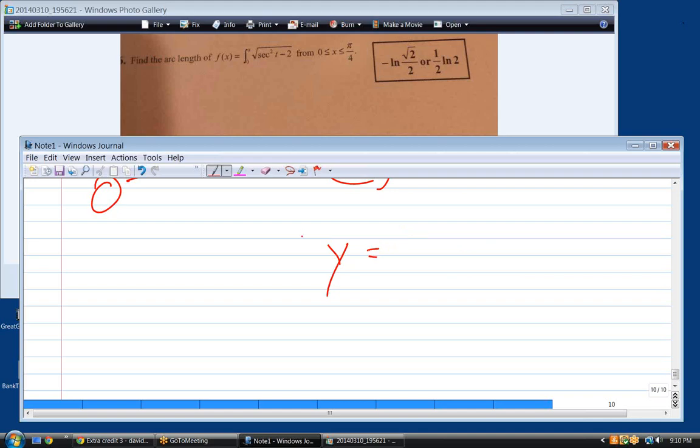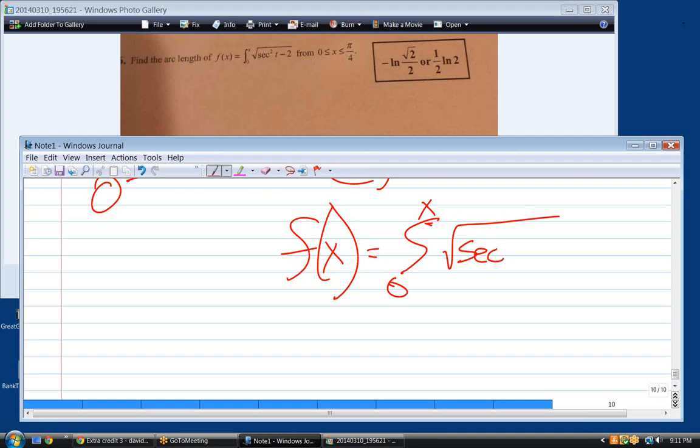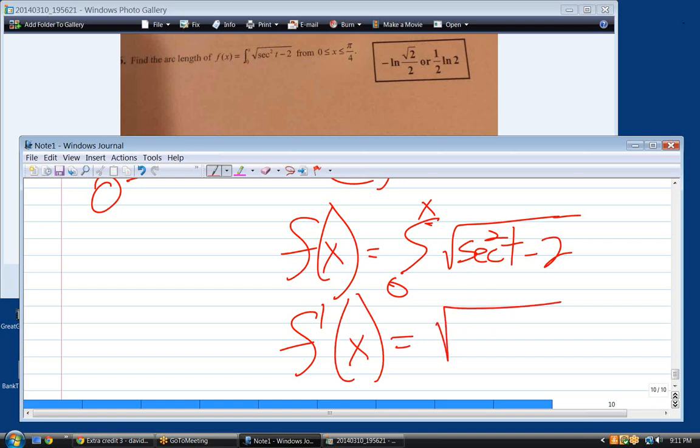Here's the thing. If f of x is equal to an integral, the first part of the fundamental theorem of calculus says that if you take the derivative of an integral, you get this: square root of secant squared of x minus 2.